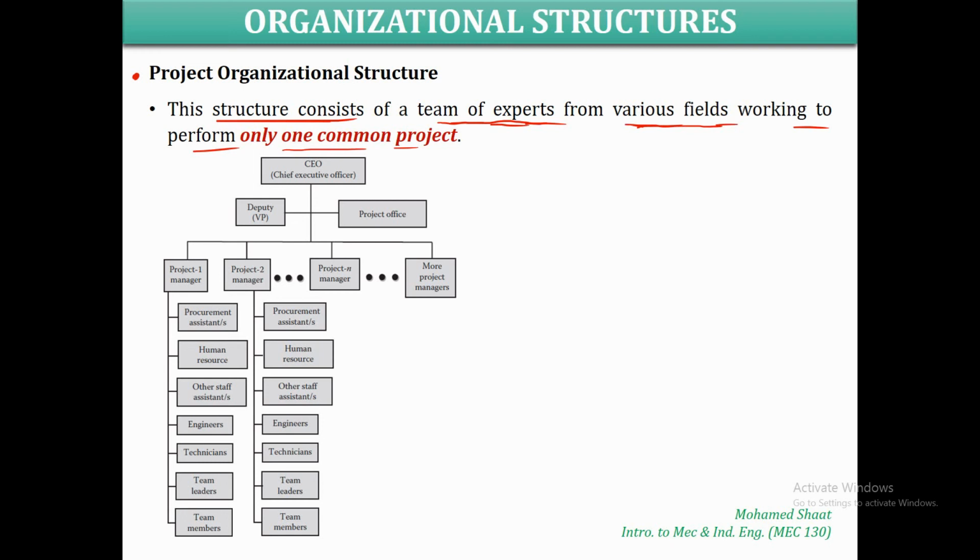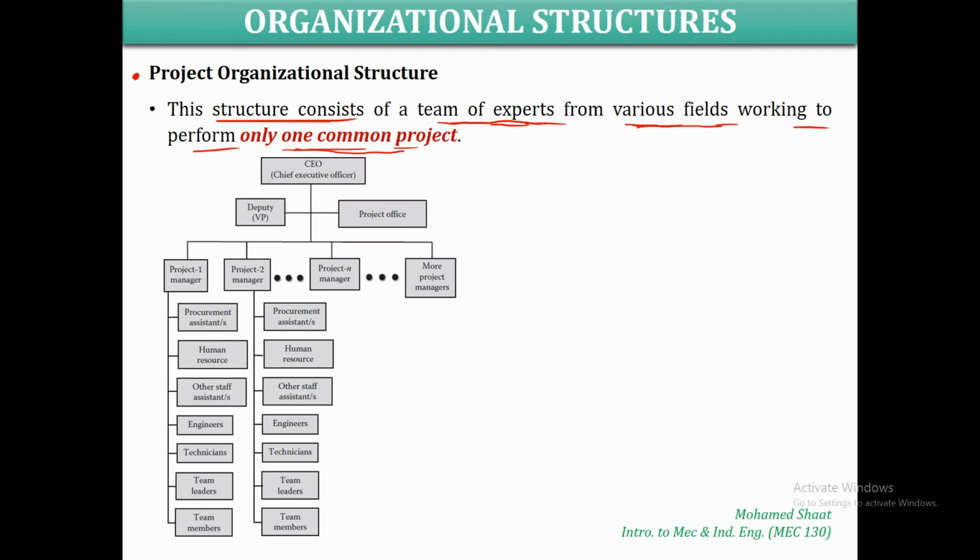They are different in terms of background, qualification, knowledge, and experience, and they are working together. But the thing that unifies them is the project itself; they work together as a team to accomplish a specific project. This is how the structure of this organization is performed.